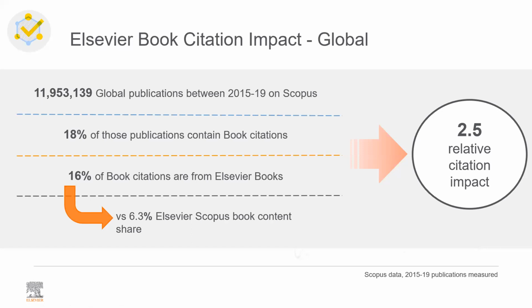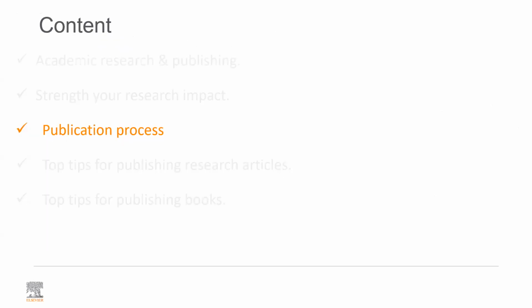The average global value of the relative citation impact is 1. And you can see that here it is 2.5, which is two and a half times the average value, which means that publications that contain books have a higher impact than publications without book citations. So that's the importance of books here.